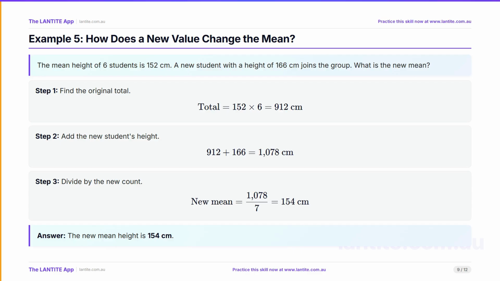Finally, divide by 7, since there are now 7 students. 1078 divided by 7 is 154 centimeters. The new student was taller than the original mean, so the mean increased. That makes sense.